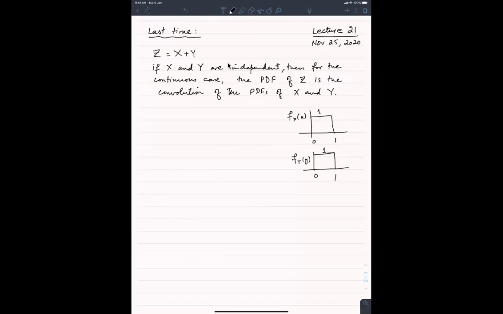In this case, we said that f of z evaluated at a is the convolution integral of fx of a minus y times fy of y dy.